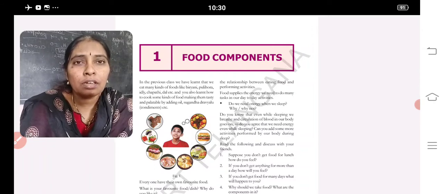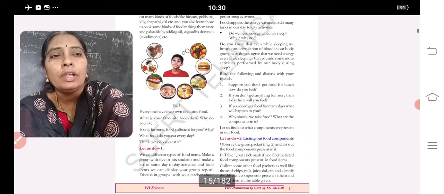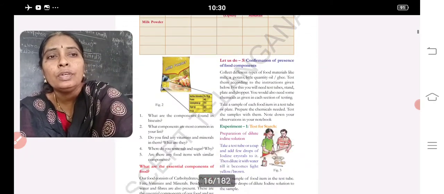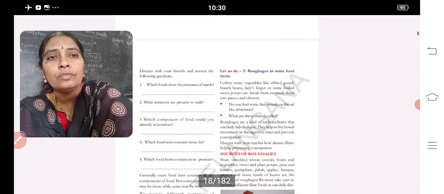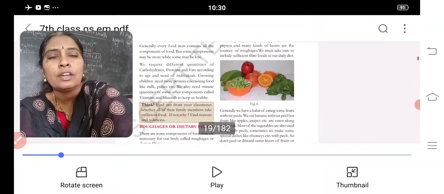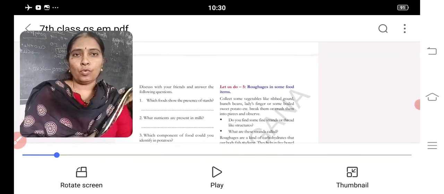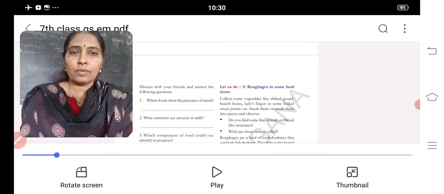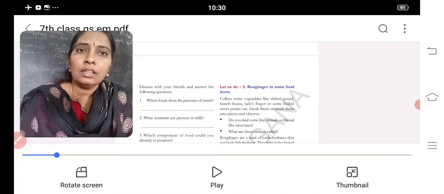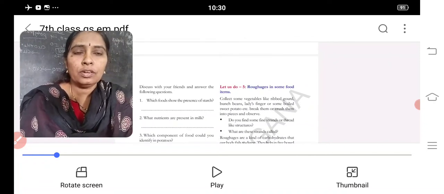How you will identify those food components, what the different tests for them are, how you will preserve food, and how food habits are done. How you will identify different food items, and roughages, uses of roughages, how they avoid constipation, and some food items which are rich in roughages we are also going to discuss.